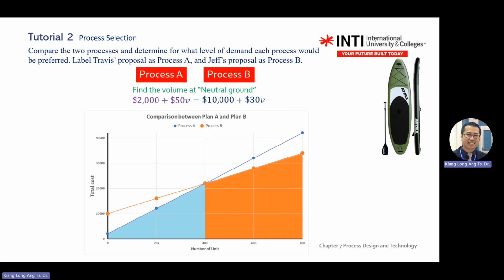Now, how do you justify it? Another graph you need to plot. If this kind of question comes up, plot this graph. You know how to plot? The orange color, the blue color is this one.